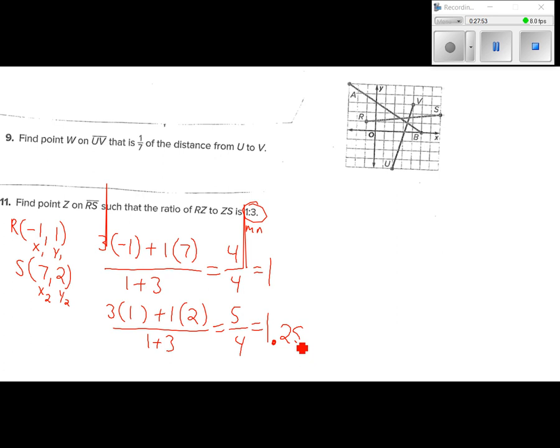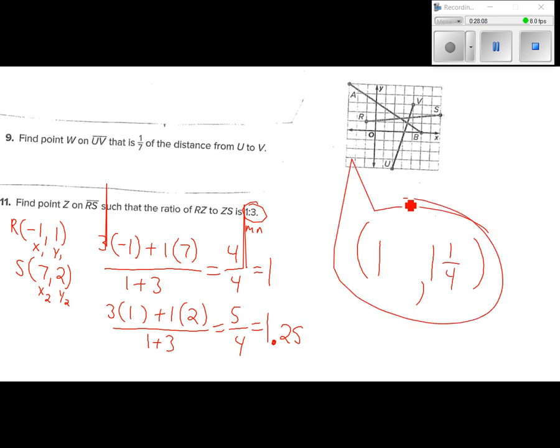And if you see 1 1/4, you know it's the same as 1.25. What's our final answer here? 1.